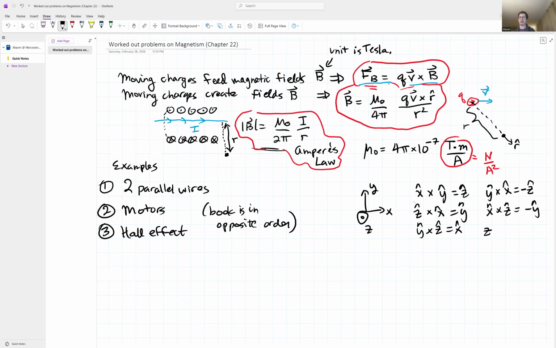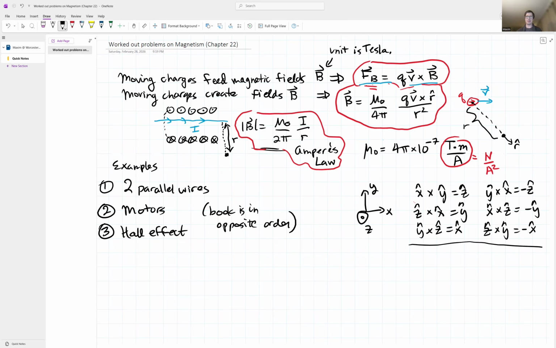And if you have z hat cross y hat, that's minus x hat. So that might be useful for you if you don't like doing the right hand rule and you prefer to just set up a coordinate system, and then you can just have this table recorded somewhere where you just look up what the cross products are. It's just a little bit of a trick.